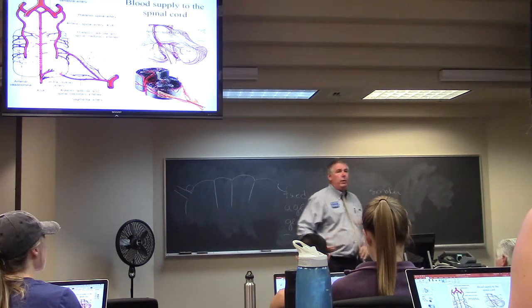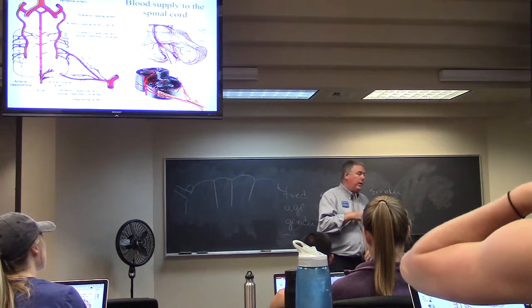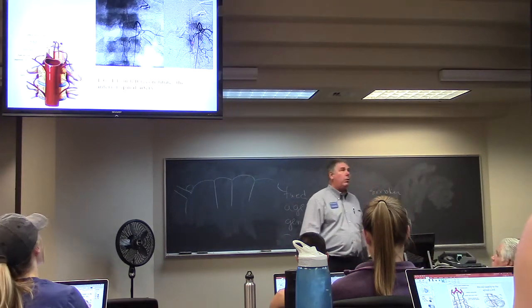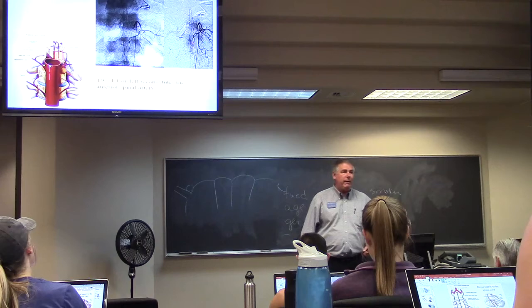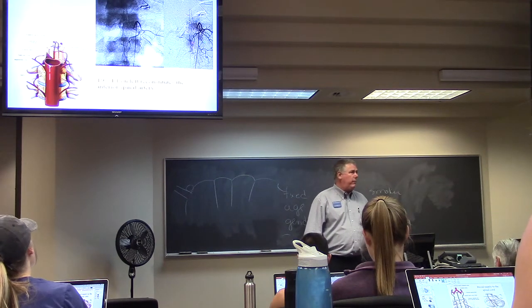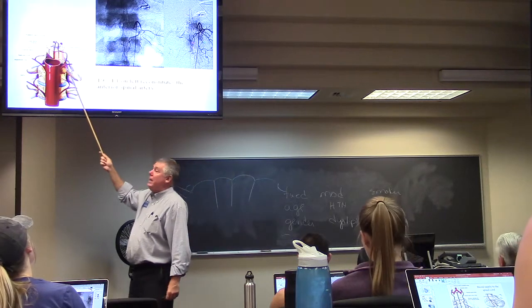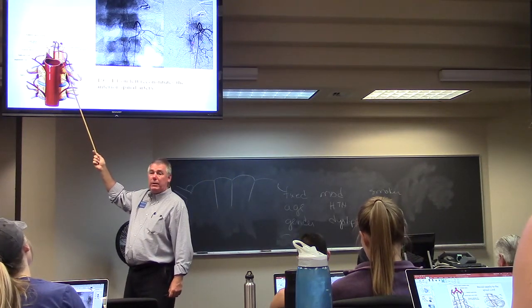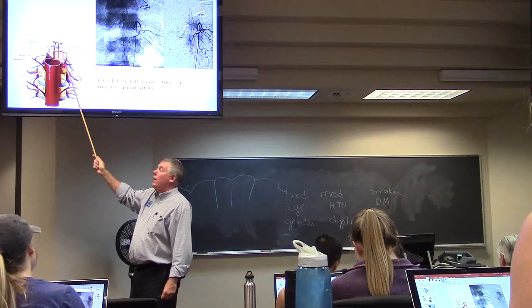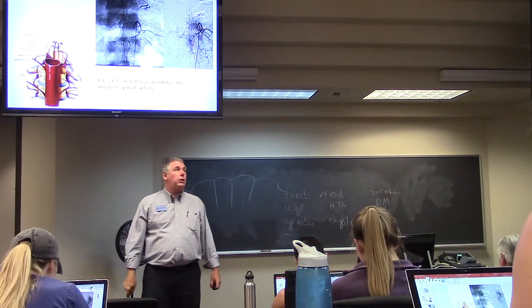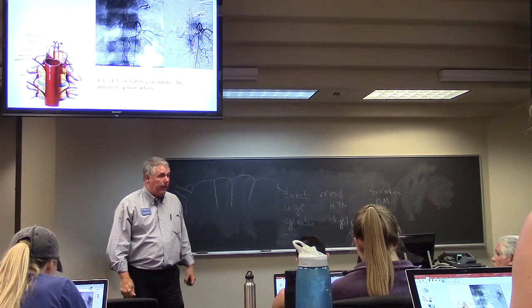So what we have to do is give it an infusion of blood through this specific artery called the artery of Adamkiewicz, or however you pronounce that word. It is one of these radicular arteries, a segmental artery off of the aorta. But it's huge, and it usually occurs only on the left side.